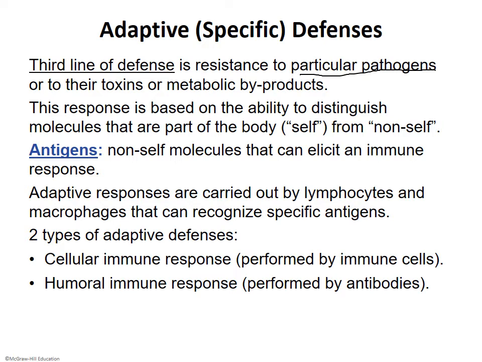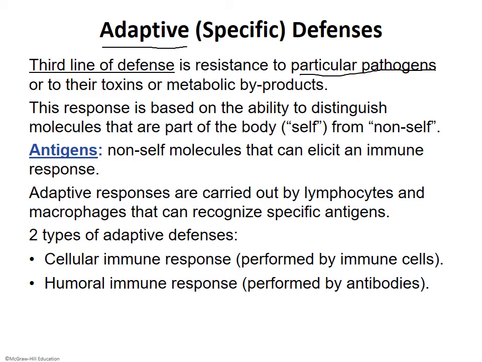But once that happened, you were pretty much immune to it. You developed a third line of defense, and it was against chickenpox. Now, no other virus would stimulate it to attack, just chickenpox. So that's why it's specific. And it has to learn how to fight it. That's why it's adaptive.